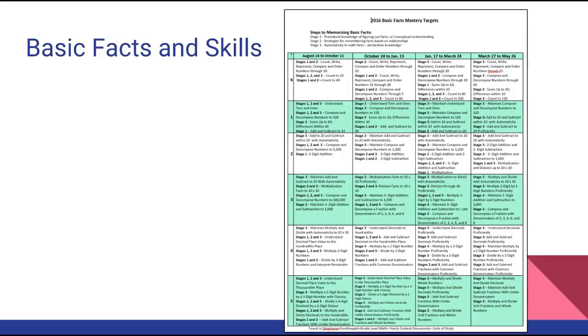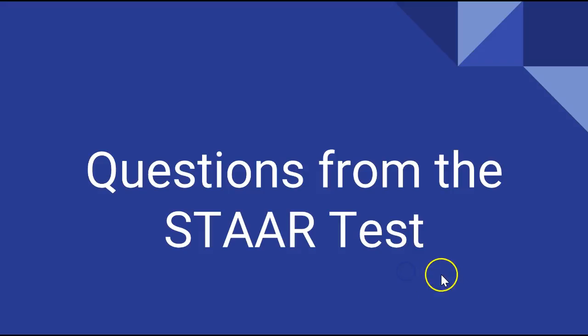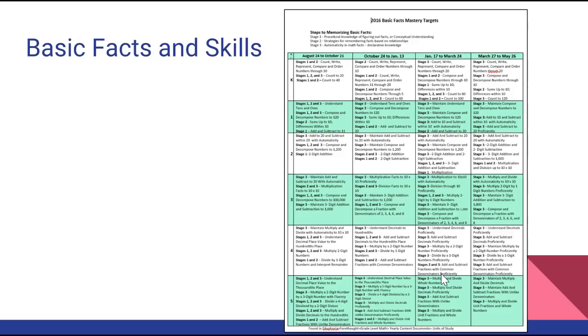This is a basic facts and skills sheet. It's in Eduphoria, and it tells you by grade level, such as here's 4th grade, this white row going across. It's broken up by 9 weeks so that you can see if it's stage 1, and the descriptions of the stages are here at the top.